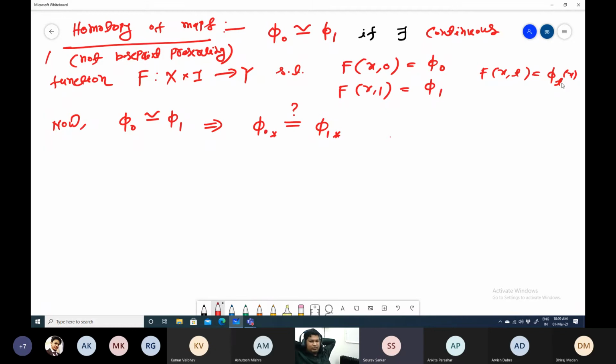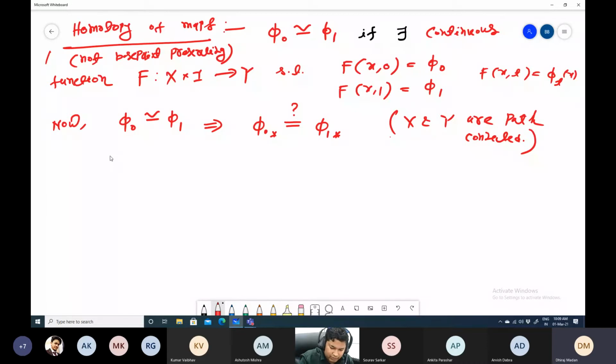Actually, it is not true. I should write here that x and y are path connected. But why is this not true?